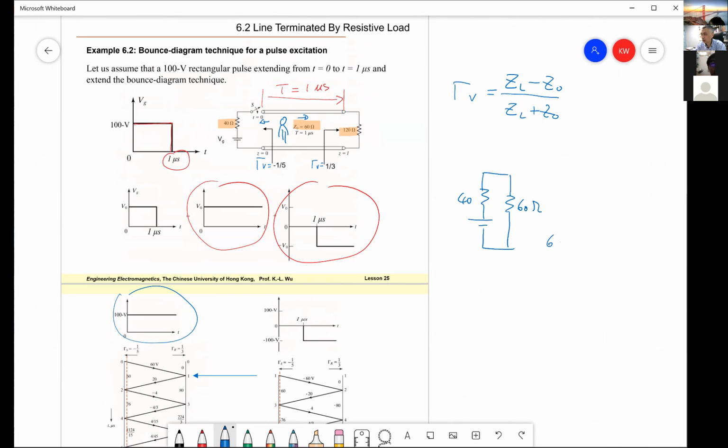Then we have a voltage divider. This is V0, the initial voltage.